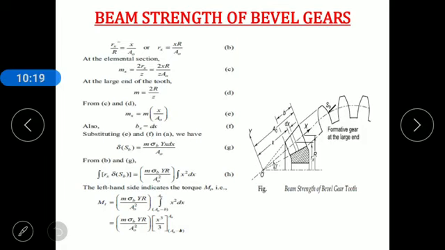Minus 3AO b square divided by 3AO, 3 gets cancelled, AO and AO square get cancelled, the remaining term is b square divided by AO square, minus b cube divided by 3AO square.